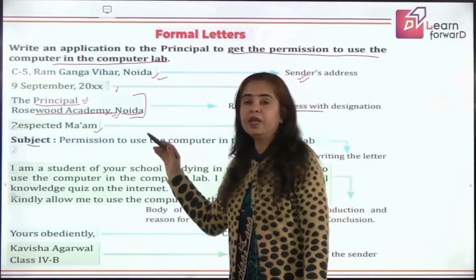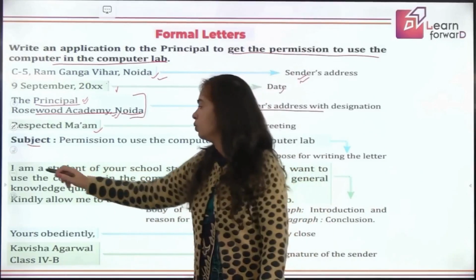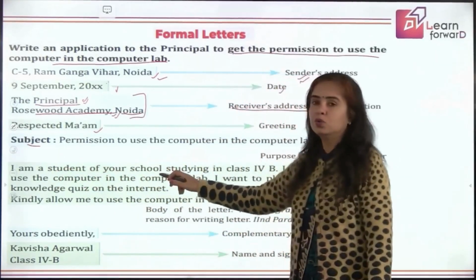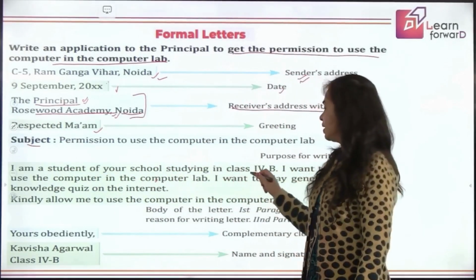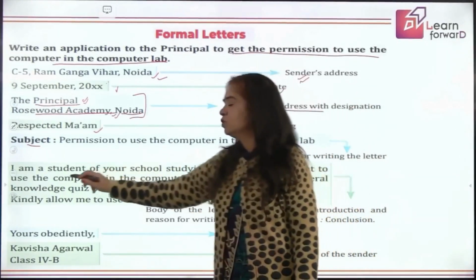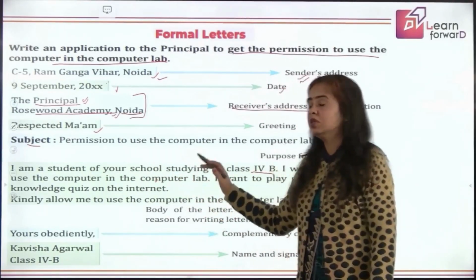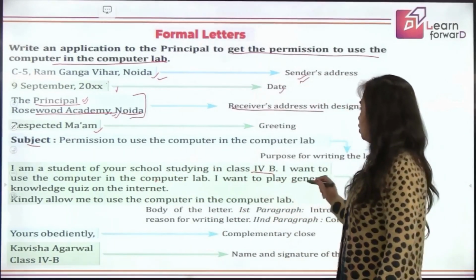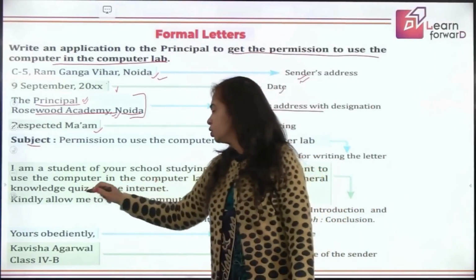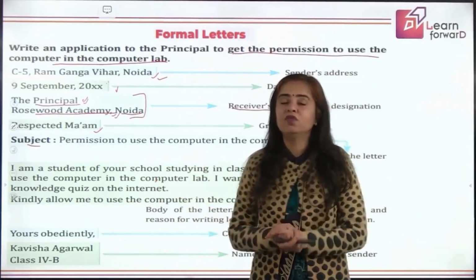And how do you begin? You give an introduction of yourself there. Who are you? I am a student of your school studying in class 4B. I want to use the computer in the computer lab, right? So the purpose has come here. I want to play general knowledge quiz on the internet, because for any reason you will not be allowed.